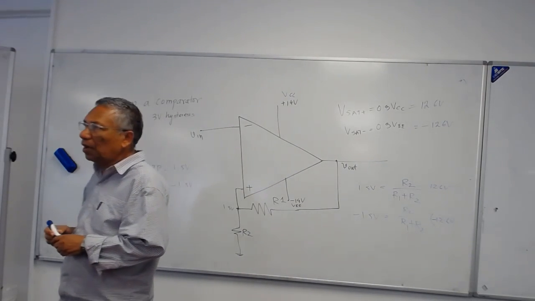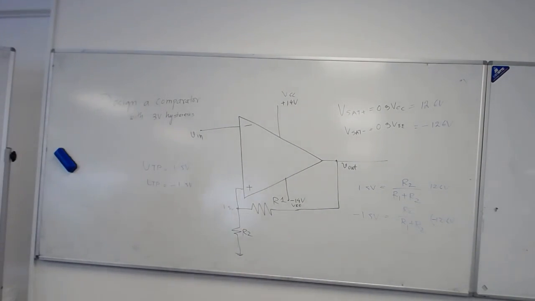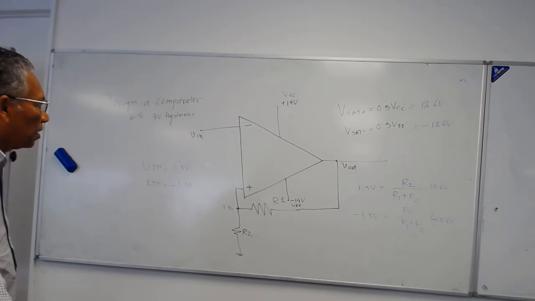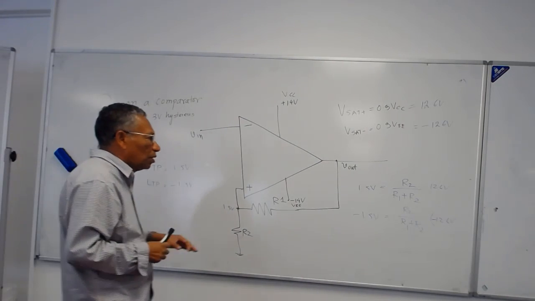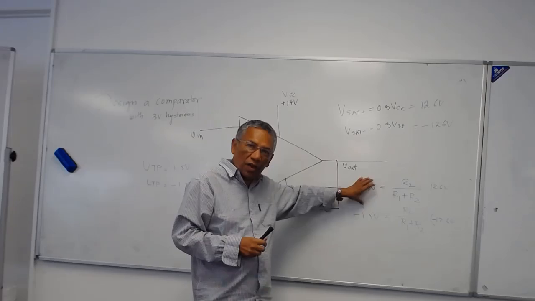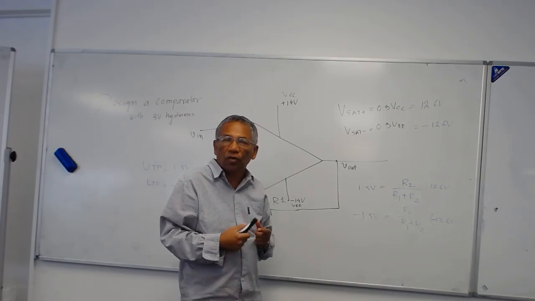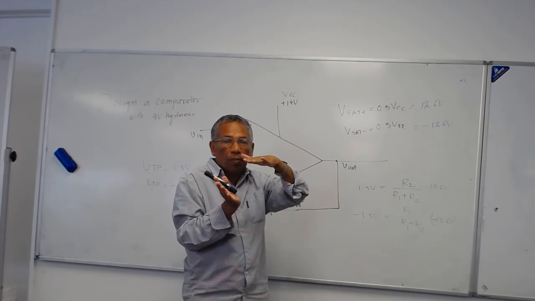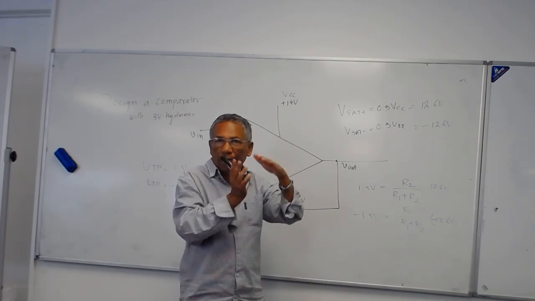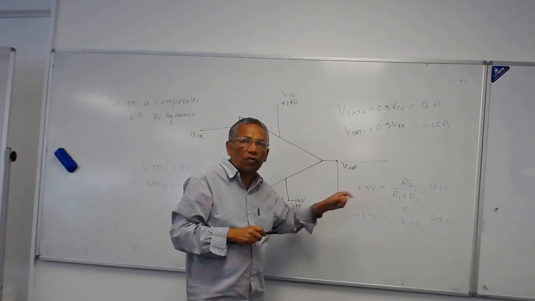It doesn't really matter which equation you use, either one is fine, and you just have to do one of them. Sometimes the students do both, but you need to do one only, because the magnitude of the upper and lower trigger point is the same.